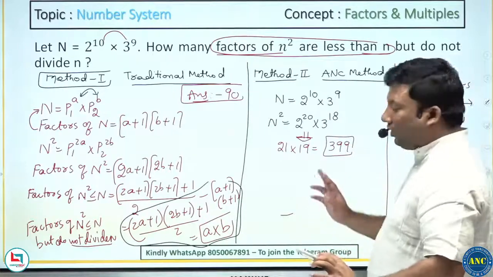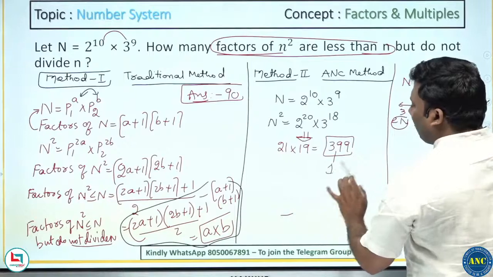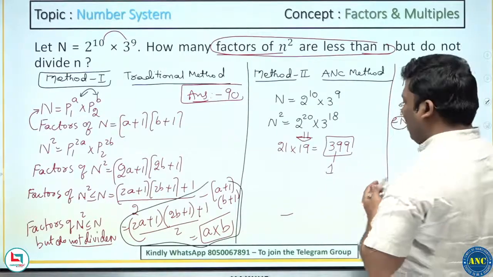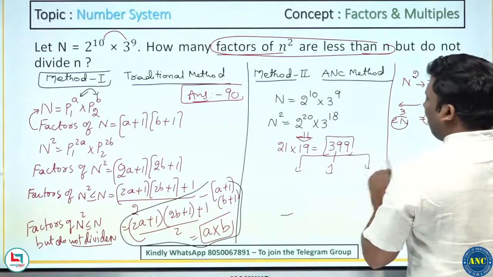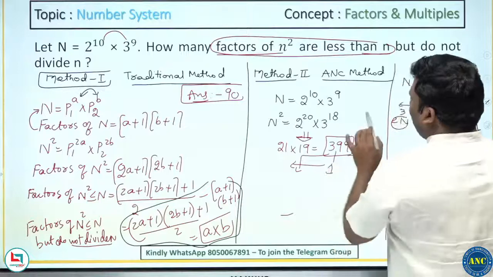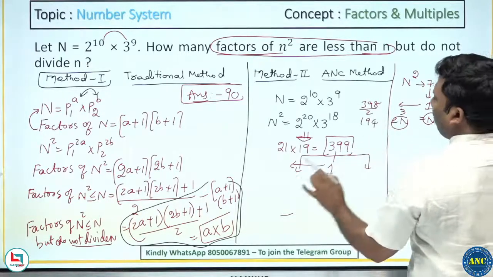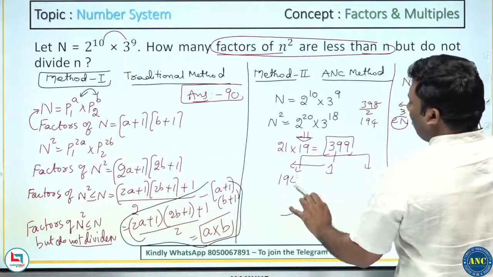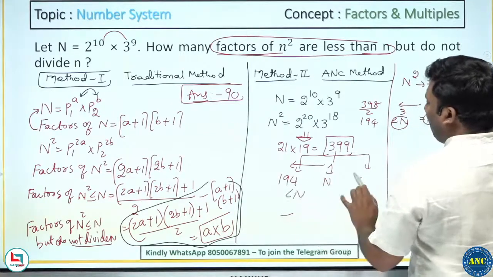Listen carefully. 399, it is an odd number of factors. One factor will be equivalent to n. Remaining 398. Half of them will be less than n, half of them will be greater than n. So 398 divided by 2, 199. 199 will be less than n and 199 will be greater than n.